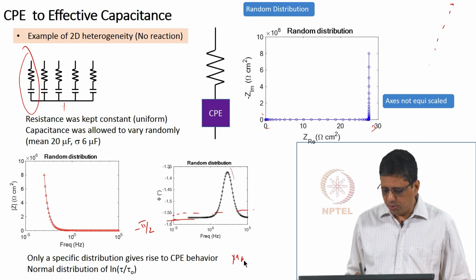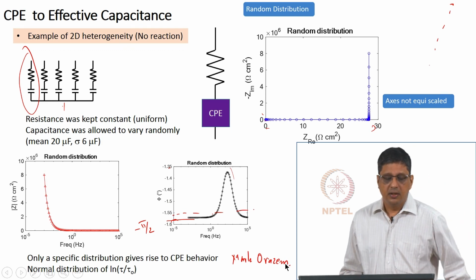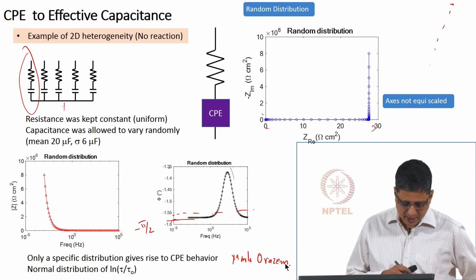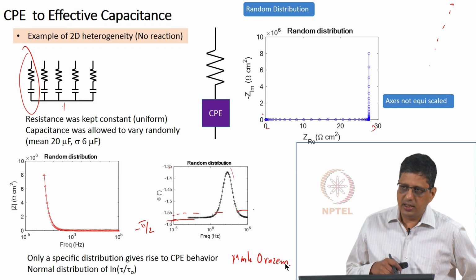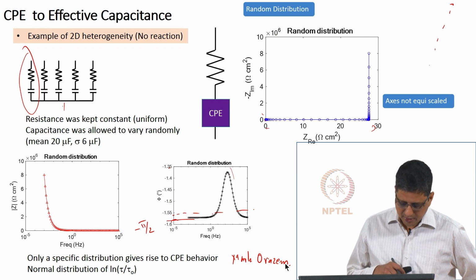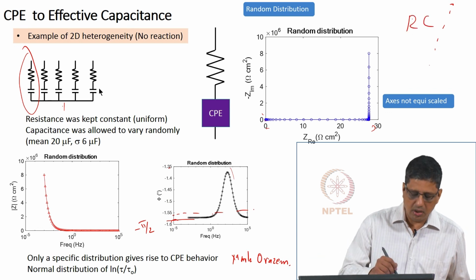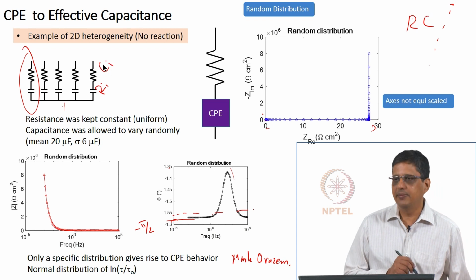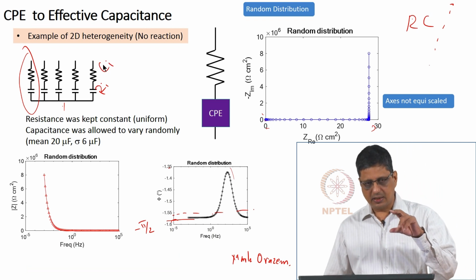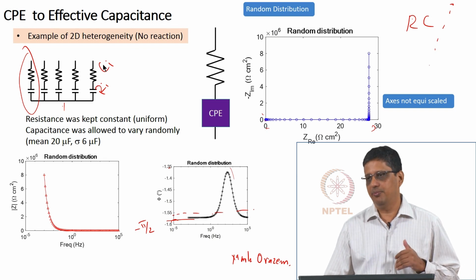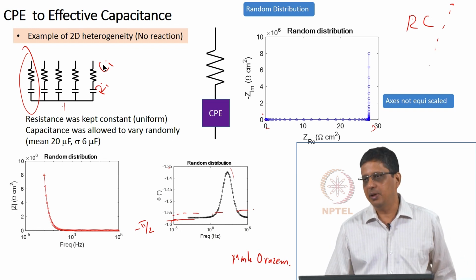So, there is a proposal. Varism and AAA's book tells that a particular type of distribution gives rise to CPE behavior, and that is basically a Gaussian distribution, not in terms of the capacitance, but in terms of ln tau. Tau here is the time constant corresponding to each R and C. So, the resistance and capacitance can vary, and that together is called variation in tau, and that tau distribution has to be in a particular form, only then would you get a CPE like behavior.